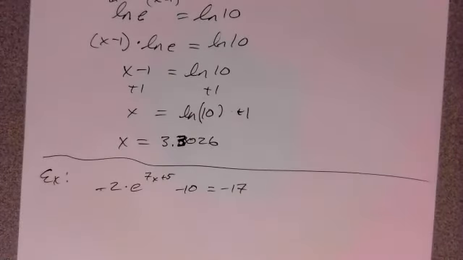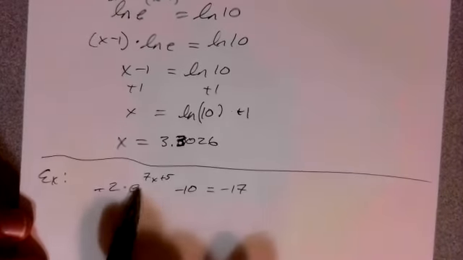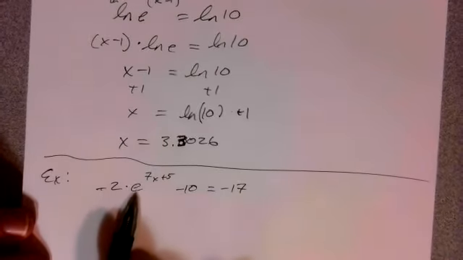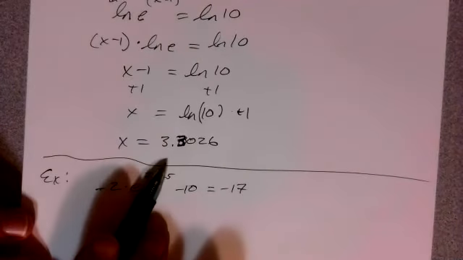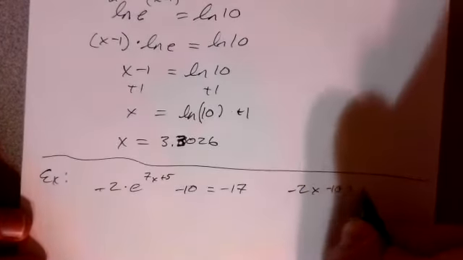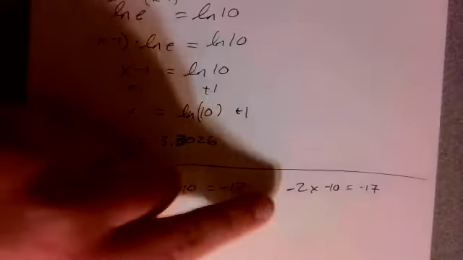Gross, and that's okay. Be patient with it. First, we're going to add 10 to both sides. In fact, the way I look at this, to isolate the base, if I were to cover that up and look at it like x, if I gave you negative 2x minus 10 equals negative 17, think about what you would do in a problem like this.